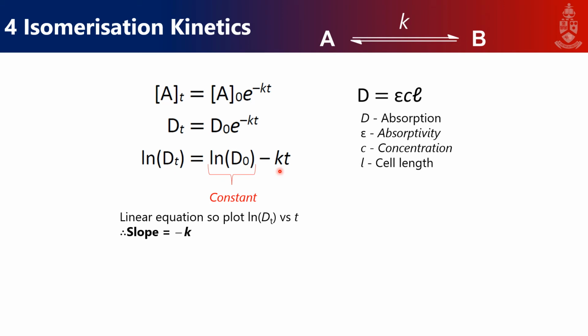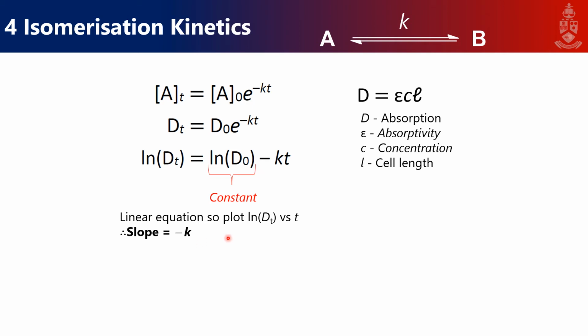And that's exactly what you did in 282. Remember, you had a plot with, for example, the concentration on one axis and time on the other axis, and you had a straight line, and then from the slope you determined the rate constant, right? That's exactly what we have here.